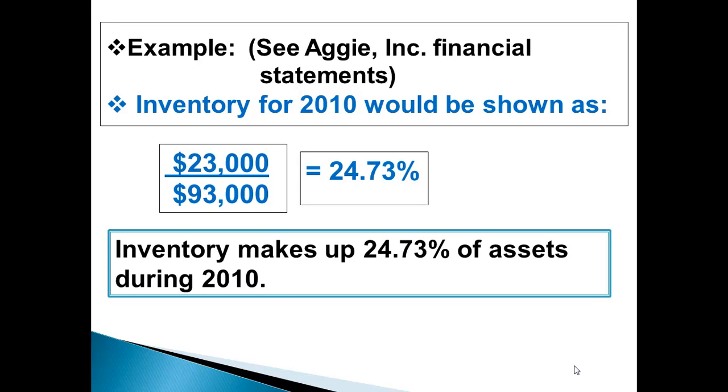What that tells us is that inventory makes up 24.73% of assets during 2010. Now what we might do with this number is look at the prior year and see what percentage inventory was as compared to assets, say in 2009 and 2008, and look at what's happening over time.